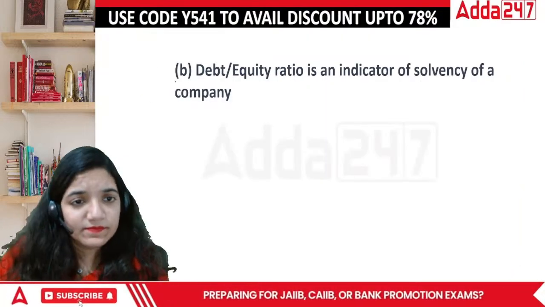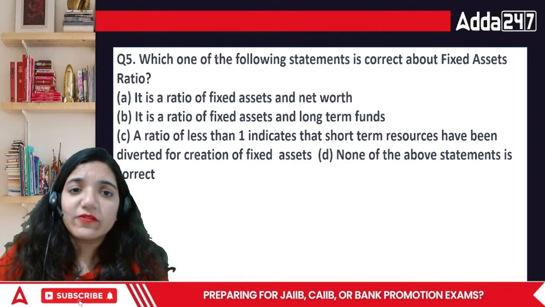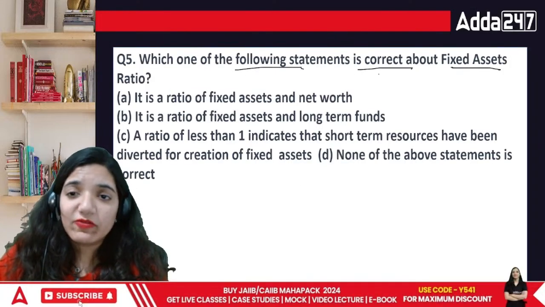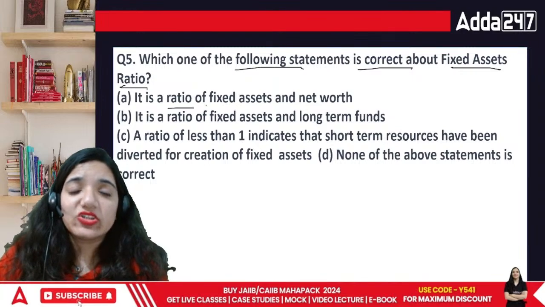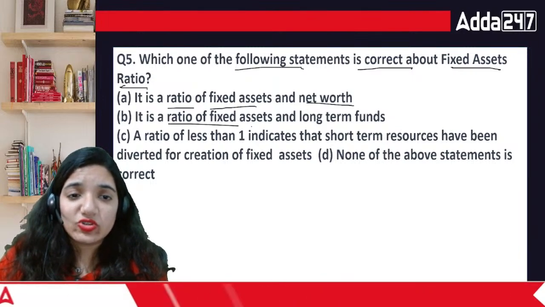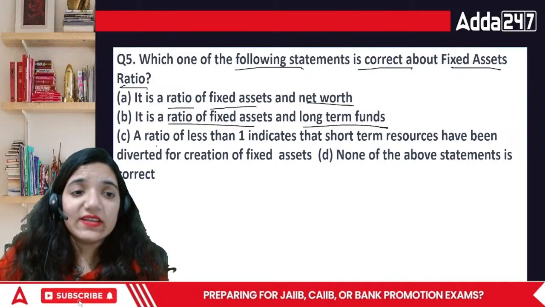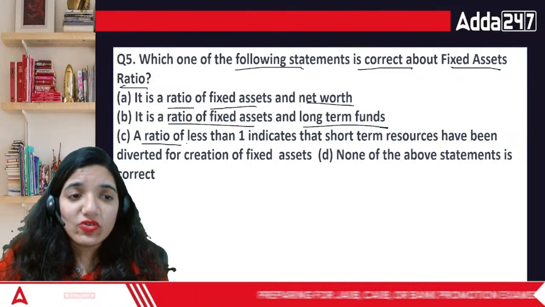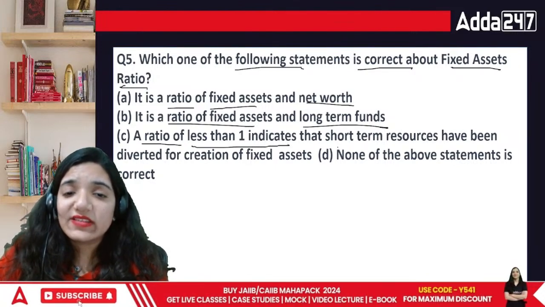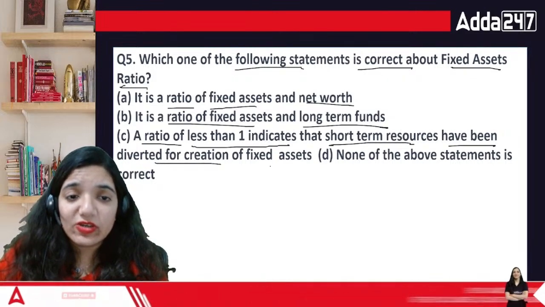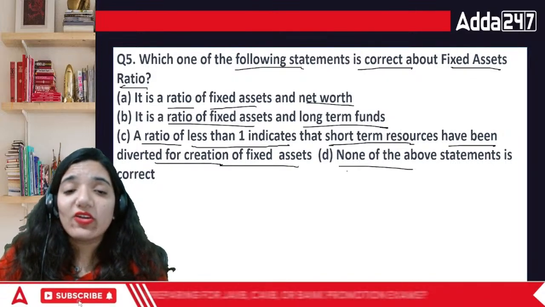It's B. Which one of the following statements is correct about fixed assets ratio, everyone? It is ratio of fixed assets and net worth. It is a ratio of fixed assets and long-term funds. A ratio of less than 1 indicates short-term resources have been diverted for creation of assets, or none of the above.